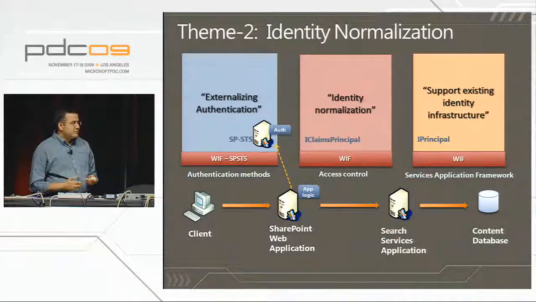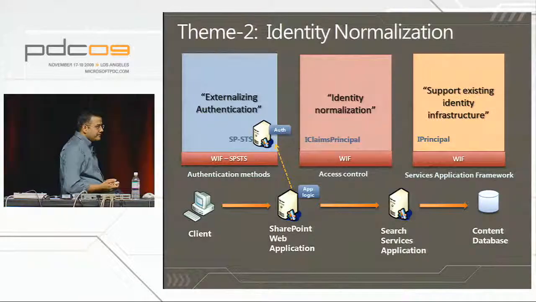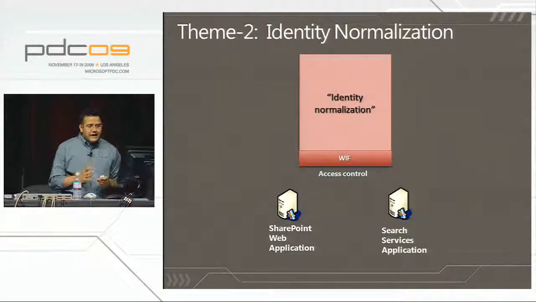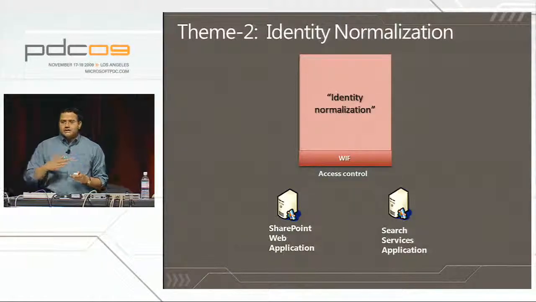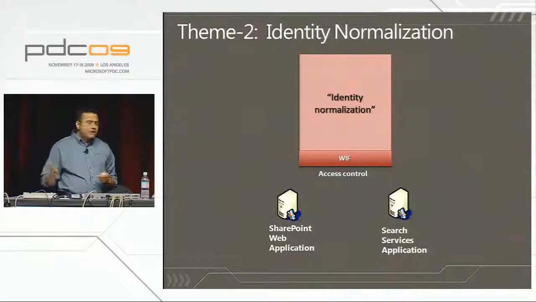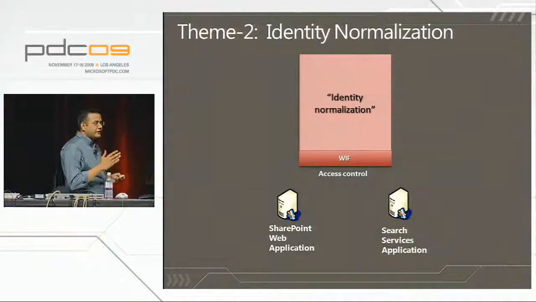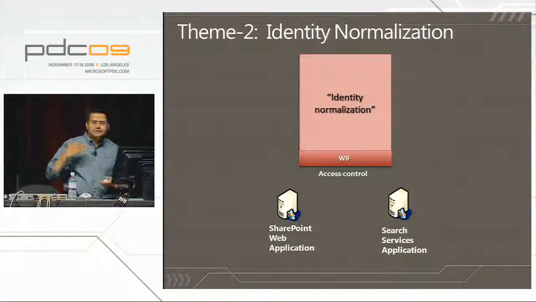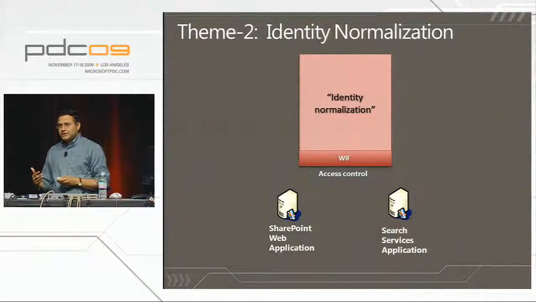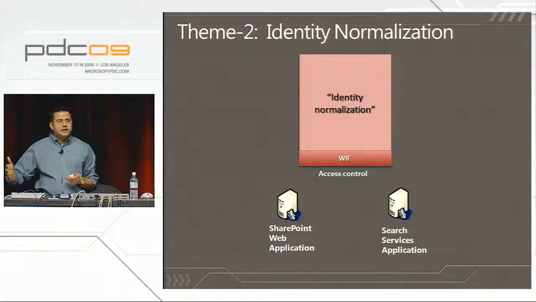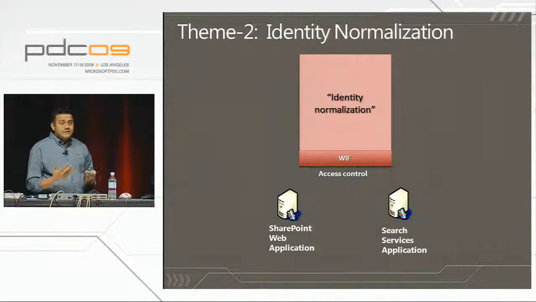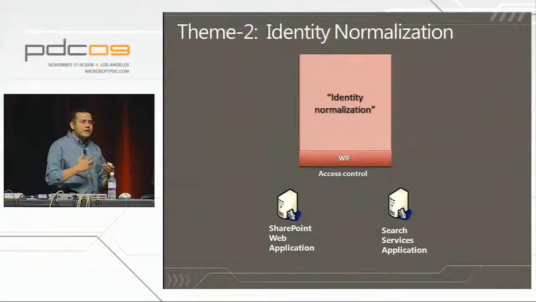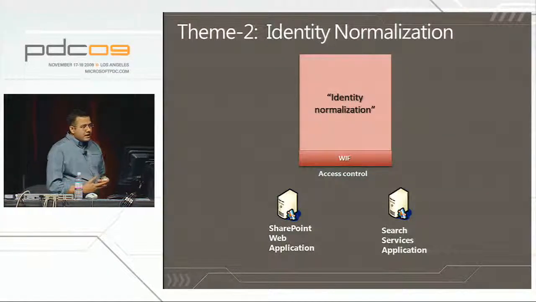Let's go to the next theme, which is identity normalization. Again, the identity is normalized in SharePoint just based on claims. Both the SharePoint web applications and the service applications within SharePoint, for example search services or Excel services, now have claims available to them as well, so that they can make decisions based on that.